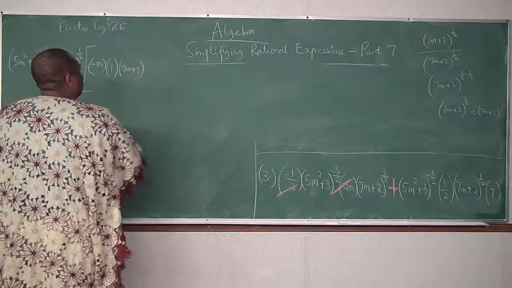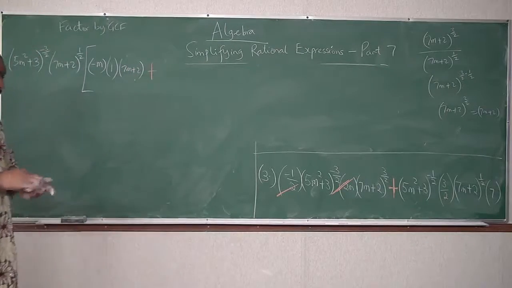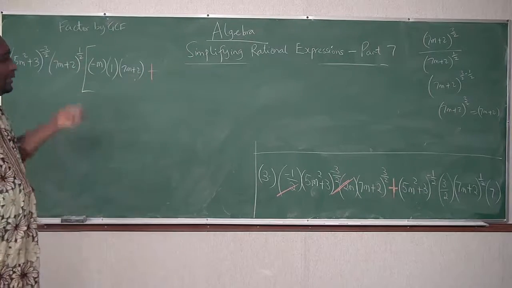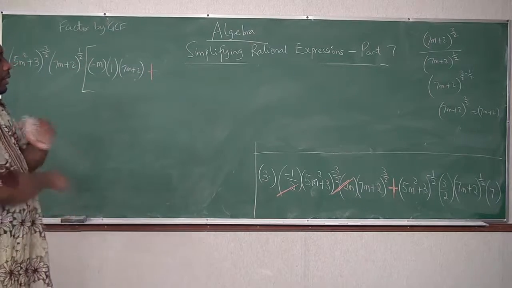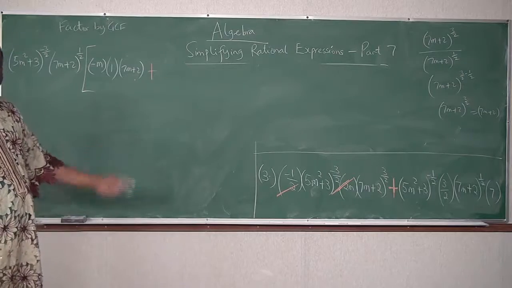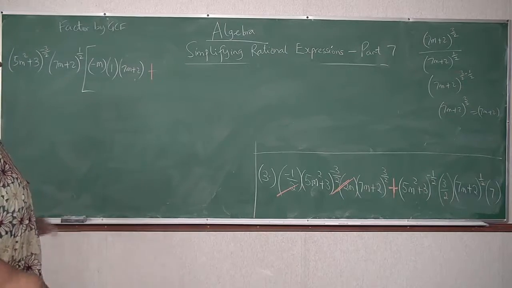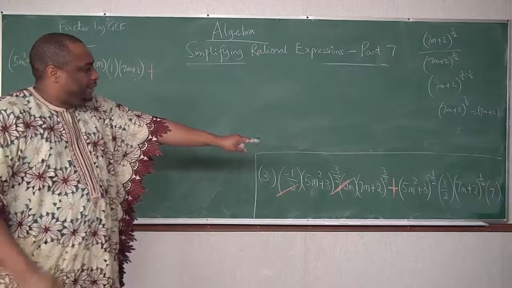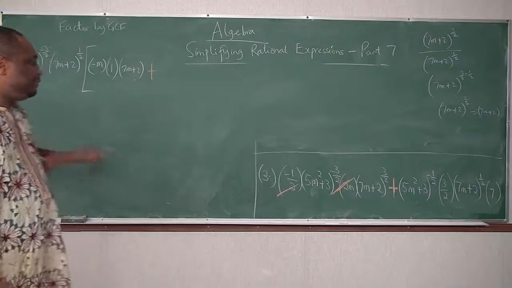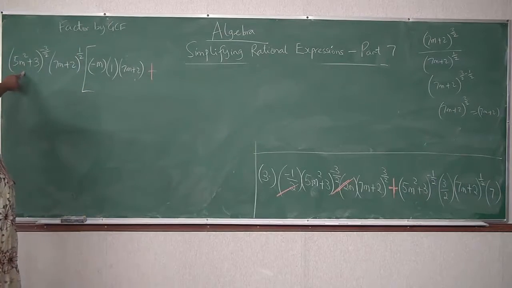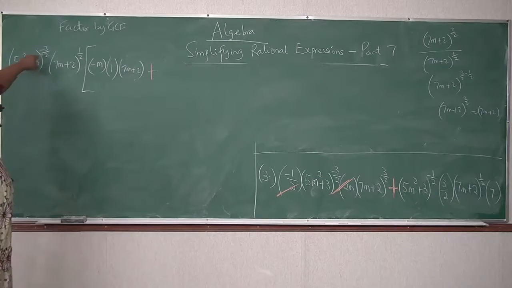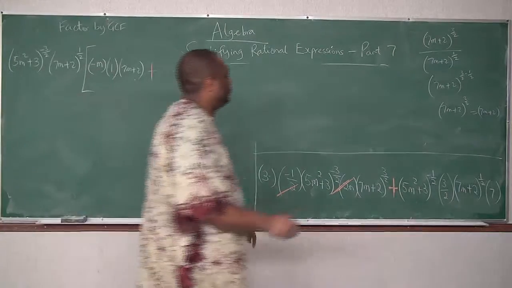Then plus, this is factoring by GCF, that is what we are doing, and then we are using the laws of exponents. 5m squared plus 3 exponent negative 1/2 divided by 5m squared plus 3 exponent negative 3 over 2.